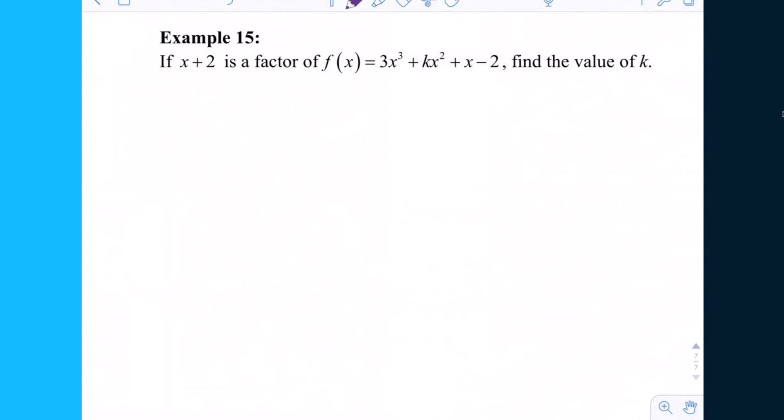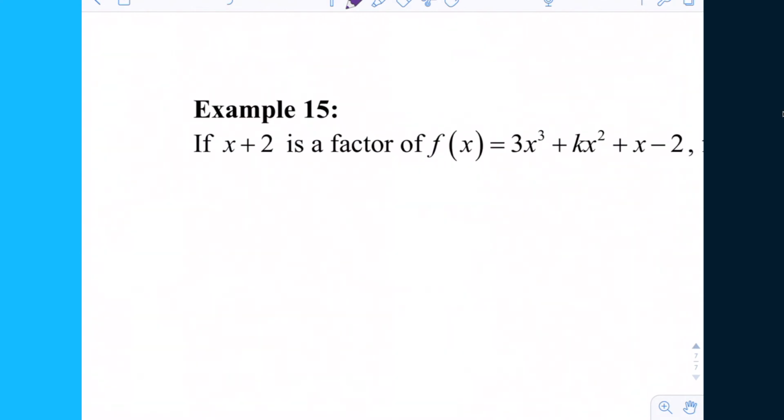If x plus 2 now is a factor of this cubic polynomial, what's the value of k that'll make sure that it is? Well, if we want x plus 2 to be a factor, then by the division algorithm, when I plug in a -2, what should be the remainder? 0. So this one you could do like we just did by direct substitution.